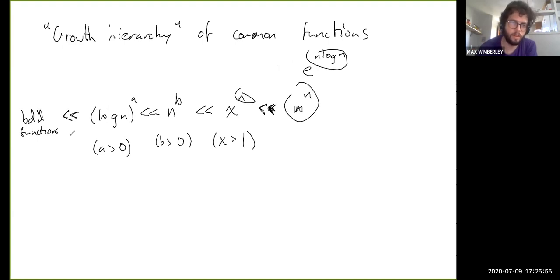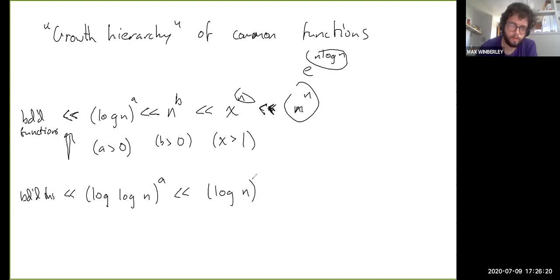And so in here, you can also say that bounded functions are much less than log of n to the a, which are much less than log of n to the b, so you can insert things in between.